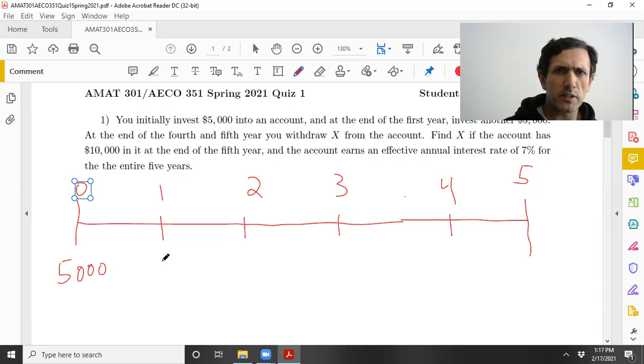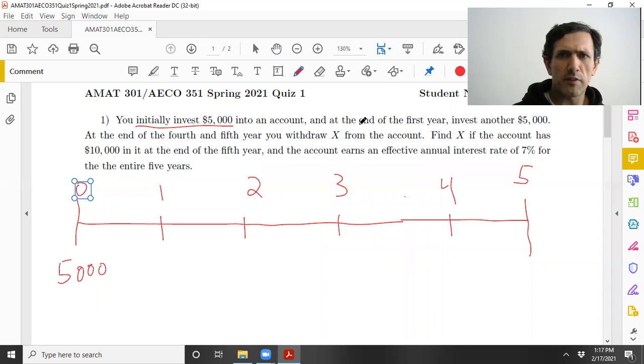So 5,000 initial investment. At the end of the first year, you invest another 5,000.